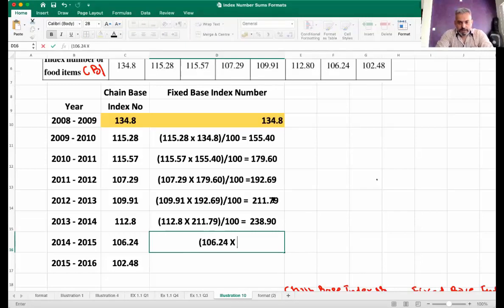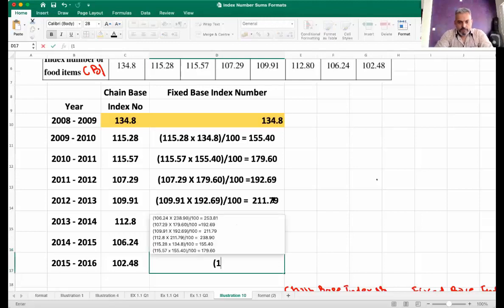Then 106.24 into 238.90 divided by 100, which is 253.807. So 253.81.